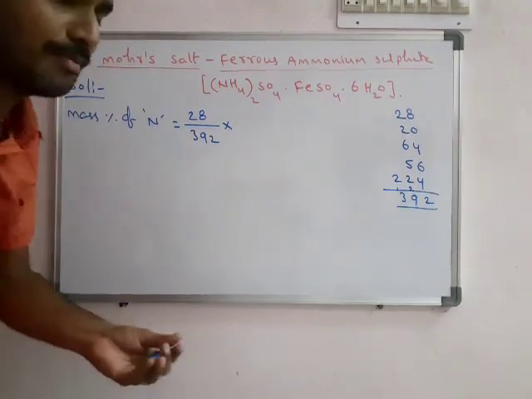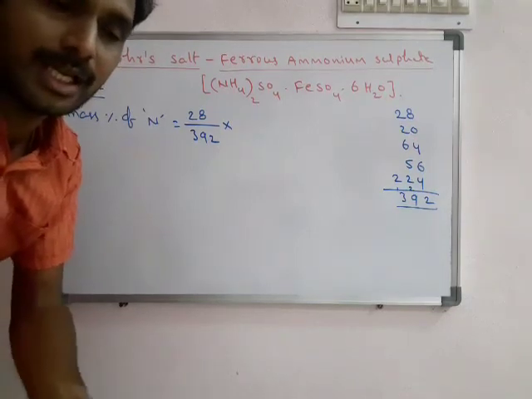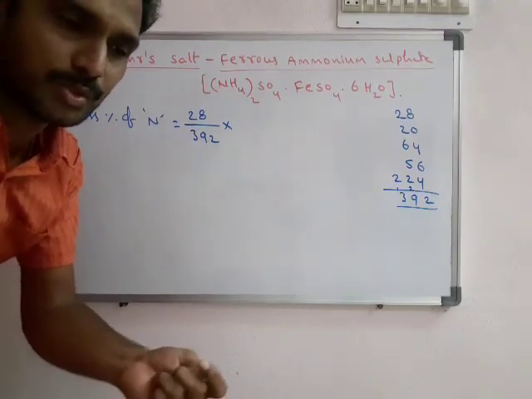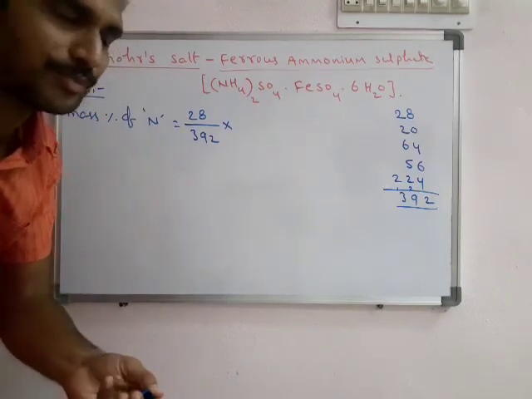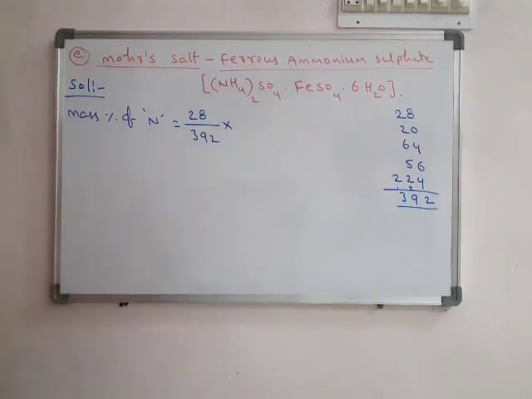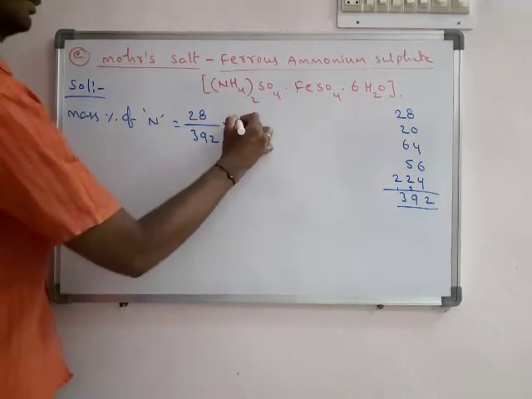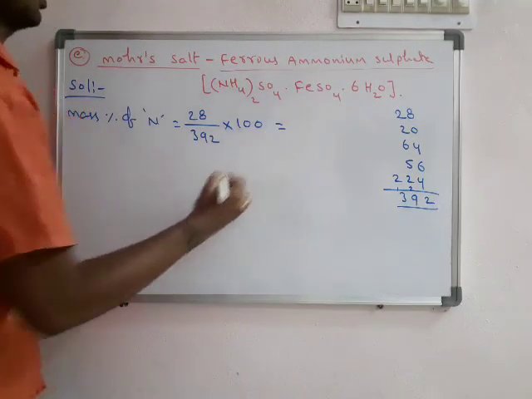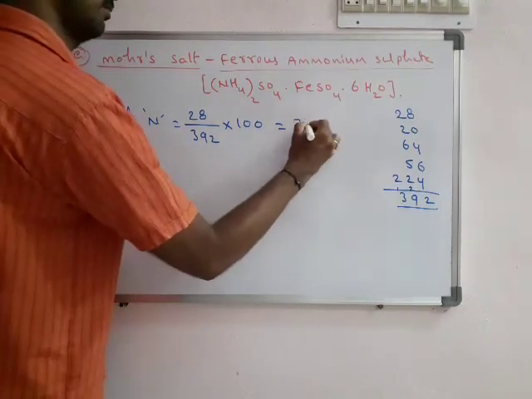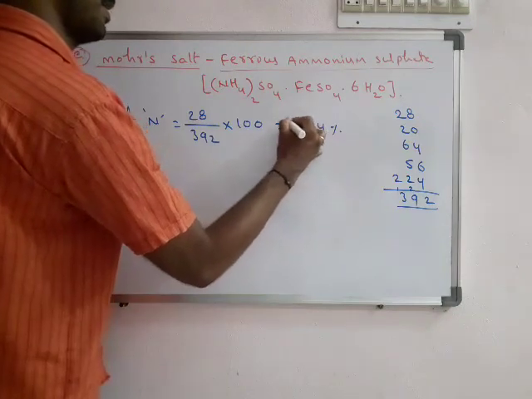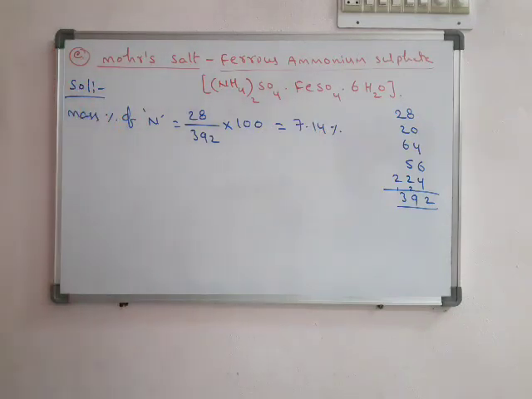Glucose is 180. Sucrose, I think 342 we will get. So in this calculation, we will get 7.14 percent.